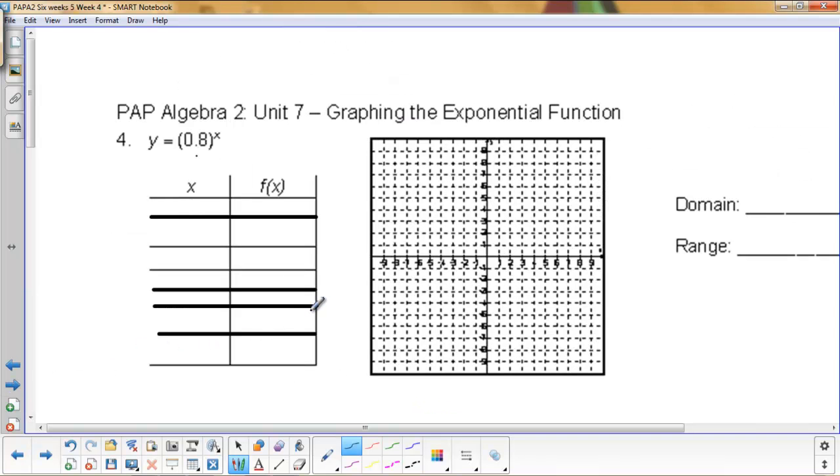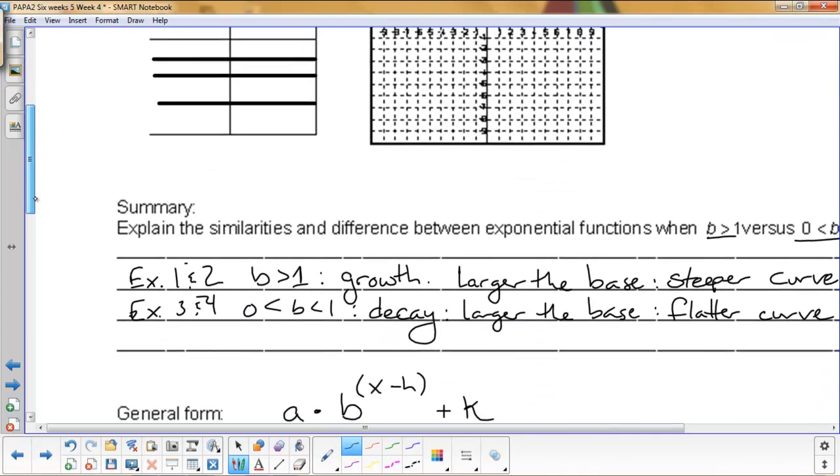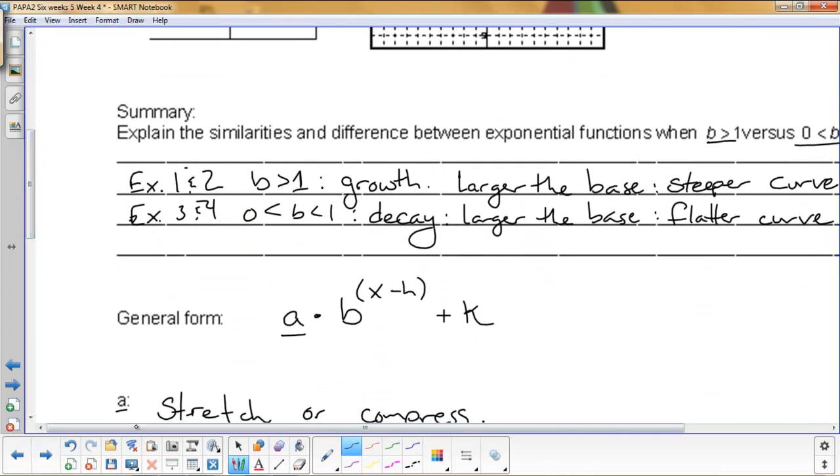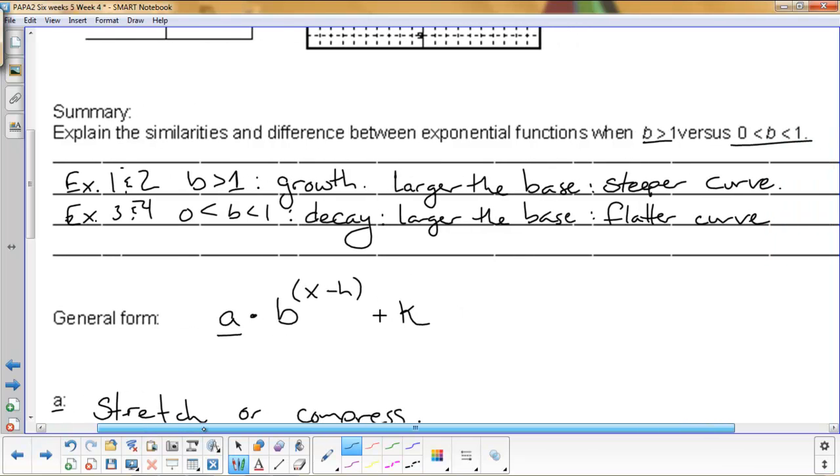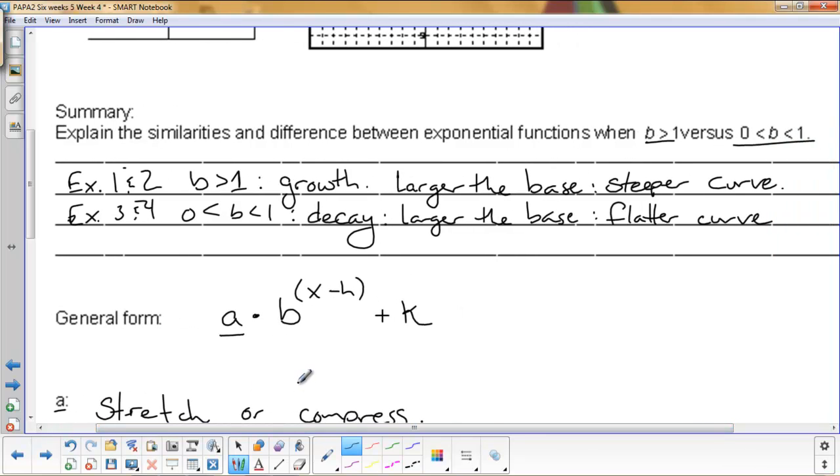Please take a few minutes now and solve example number 4. Be ready to share that information in class tomorrow. Here's a summary about the similarities and differences between exponential functions when you have the value of the base greater than 1 versus a fractional value between 1 and 0.